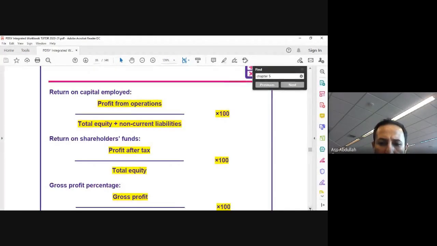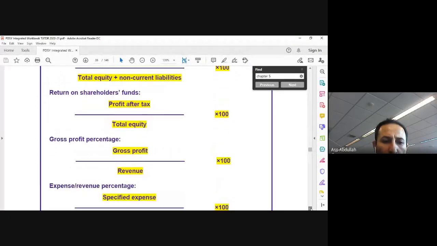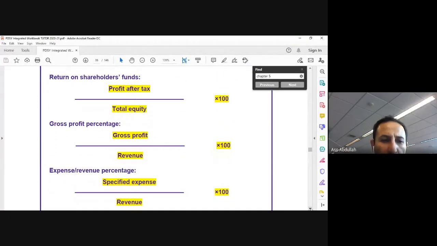So the last one is gross profit percentage. Again, we can understand and interpret a business's profitability through gross profit. So how do we get gross profit? Gross profit means sales minus cost of sales, revenue minus cost of goods sold, it is equal to gross profit.